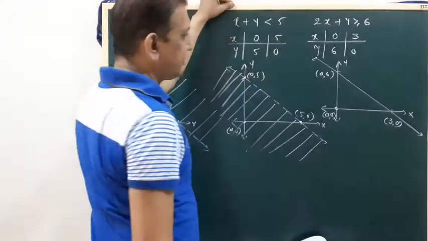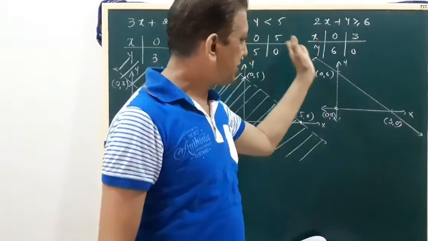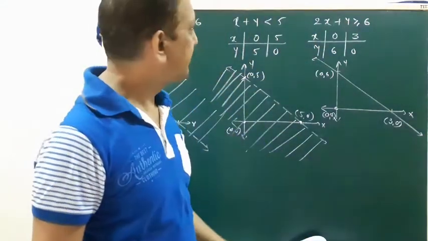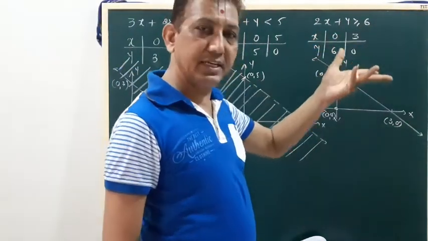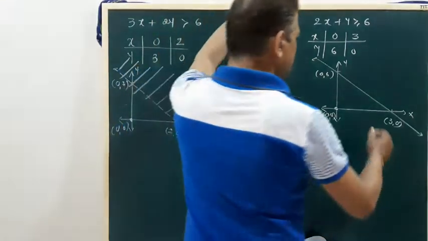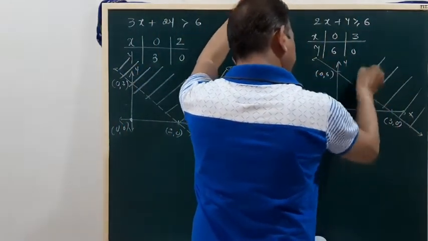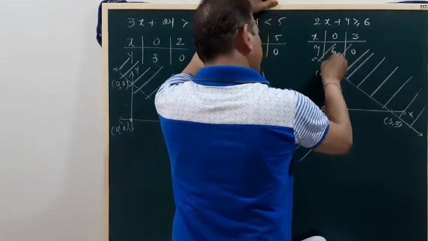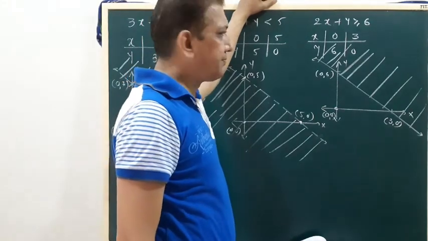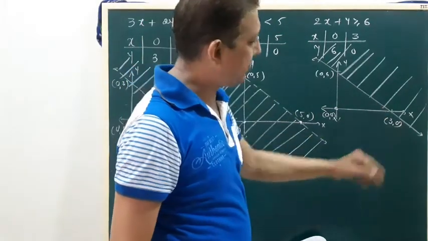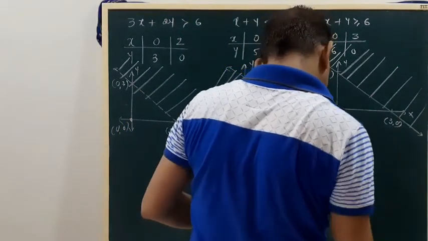Now here the equal to sign is given, so we draw a dark line, not dotted. Now check the point 0, 0: 0 is not greater than 6, so the lower part is not included. The upper part of the line is included. Clear? So this is your graph of 2x plus y greater than or equal to 6.